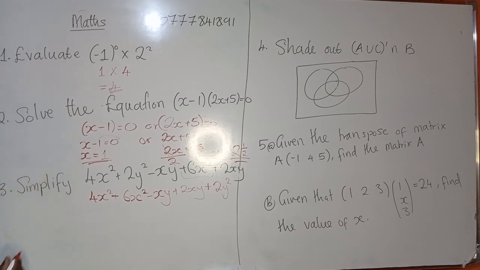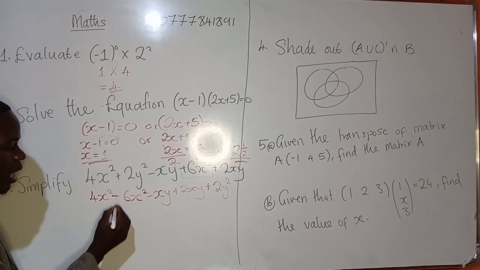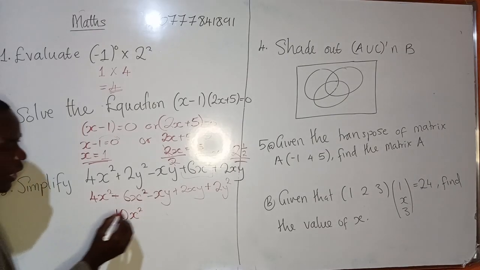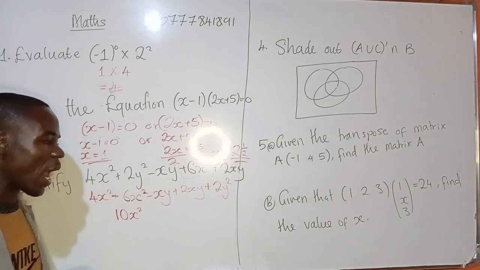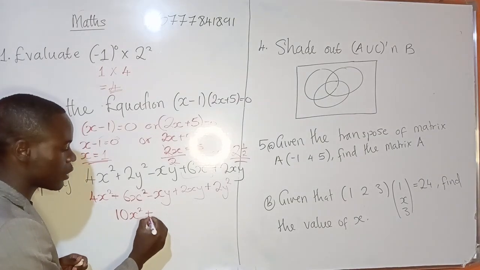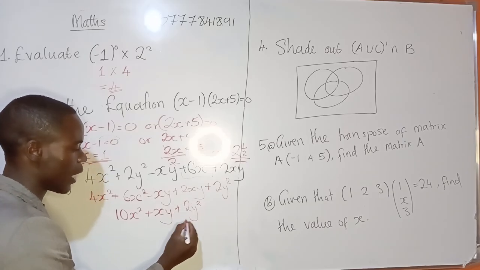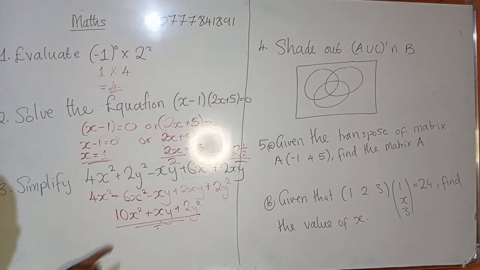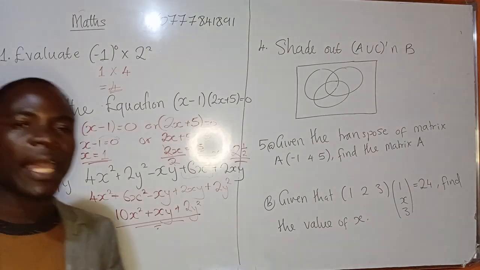Now we can add the like terms. This plus this, the answer is 10x squared. Here there is a negative 1. What is negative xy plus 2xy? The answer is positive xy, then positive 2y squared. That's the way you answer this question. Remember, you can't add or subtract unlike terms.